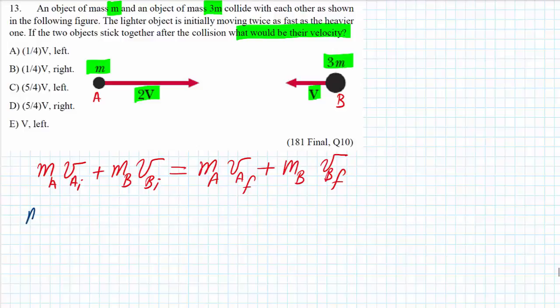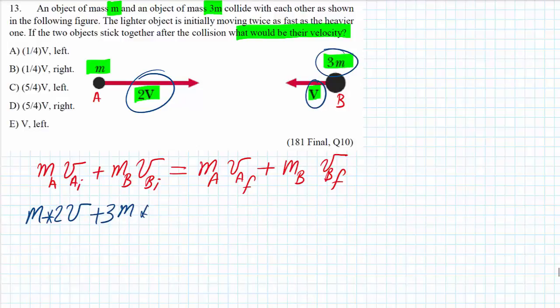Mass A is m. The first velocity is 2 times v plus mass B is 3 times m, so 3m. Its velocity is v. No, it's not v, it's negative v, because it's moving to the left as seen here. So you need to substitute it negative v. So I will change this sign and make it negative.